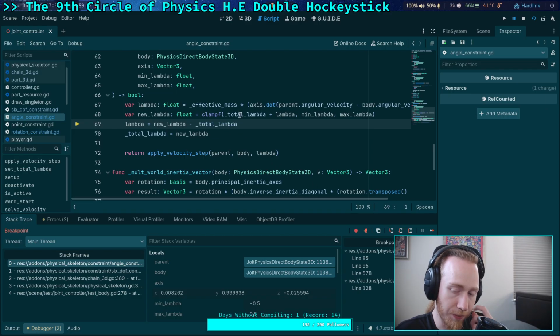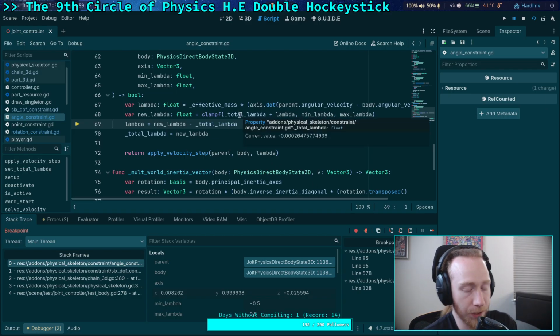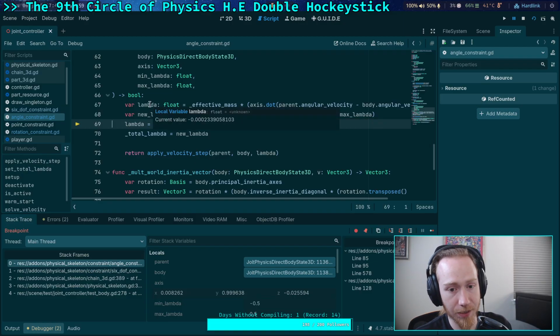Okay. So if that's what the read-in for the total lambda was, this lambda should be a positive value. Because I want the total lambda to be decreasing or getting closer to 0. I've calculated a lambda that is the wrong way. So it's accelerating. Or at least it's acting in the wrong direction.